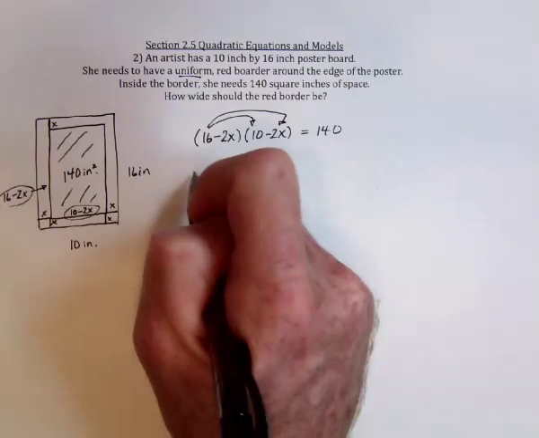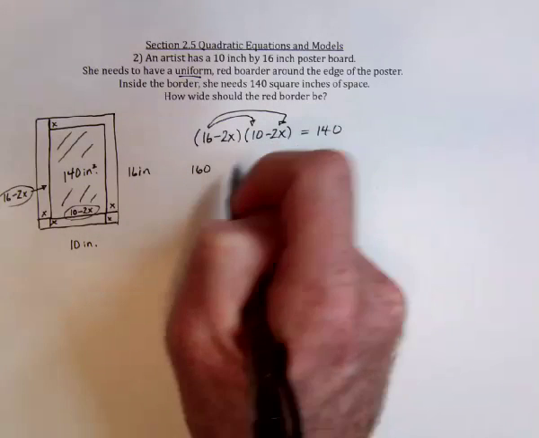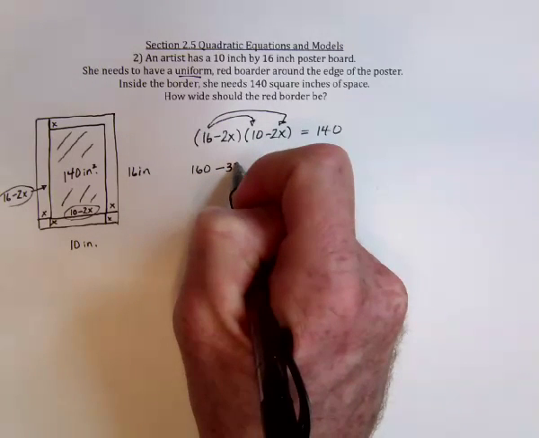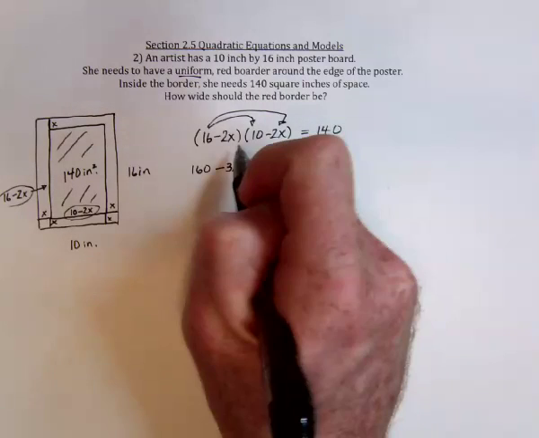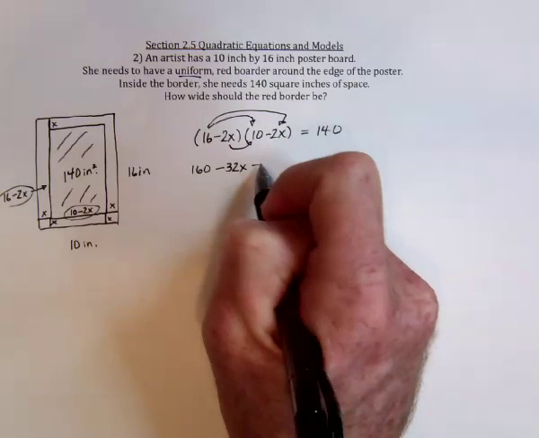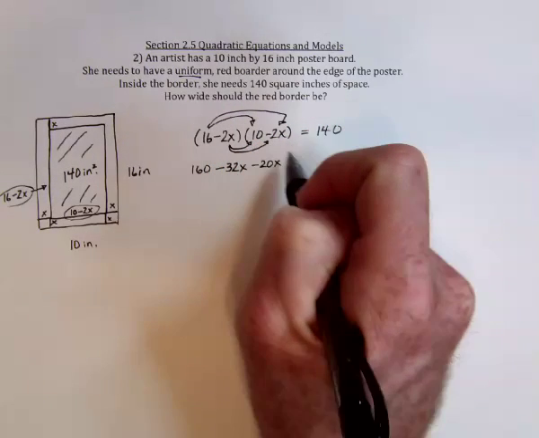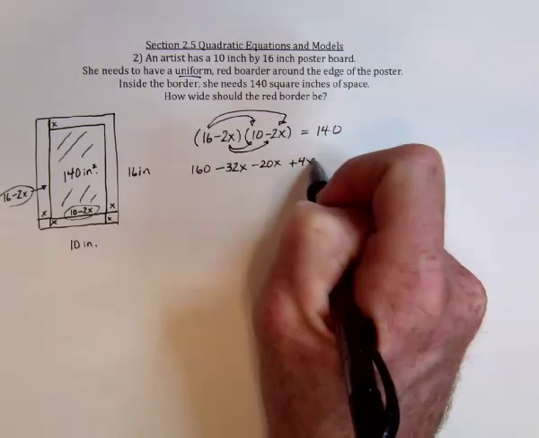Distribute the 16, there's going to be 160, and then 16 times negative 2x is negative 32x. Likewise, distribute the negative 2x, there's going to be negative 20x. And last, there is a positive 4x squared.